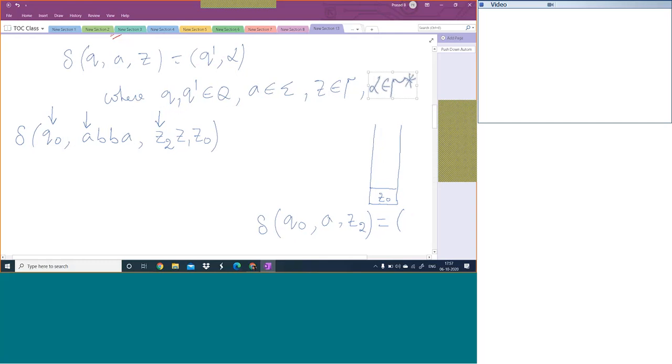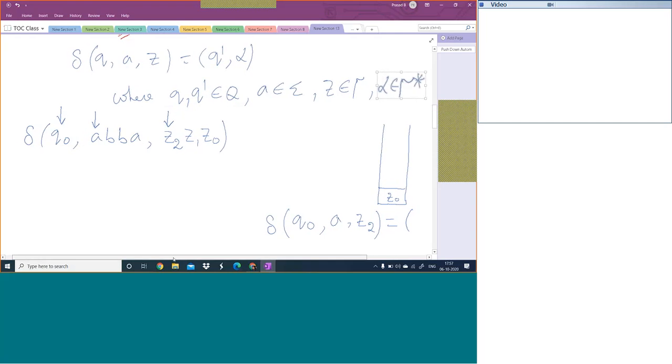So copy this one: the elements of the transition function are of the form delta of q comma a comma z equal to q dash comma alpha, where this condition holds.